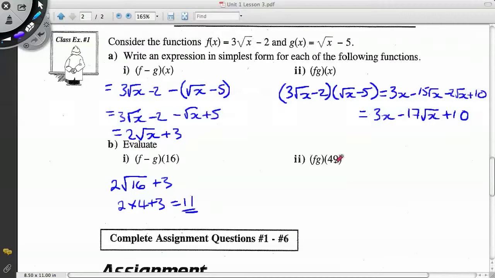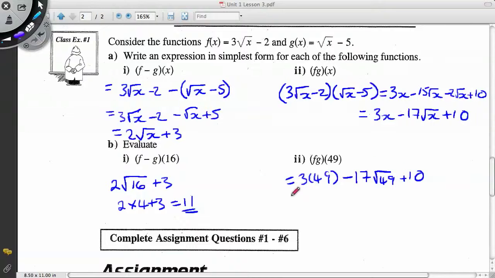And here this is telling us to put 49 in where we see x here and x here. So let's do that. This is going to equal 3 times 49 minus 17 square root of 49 plus 10.